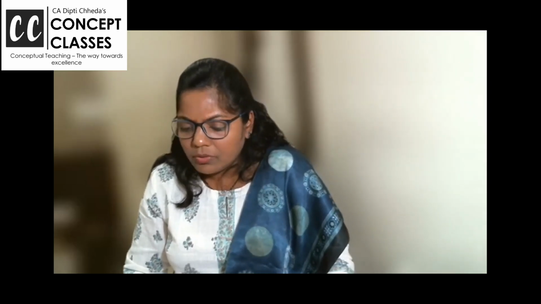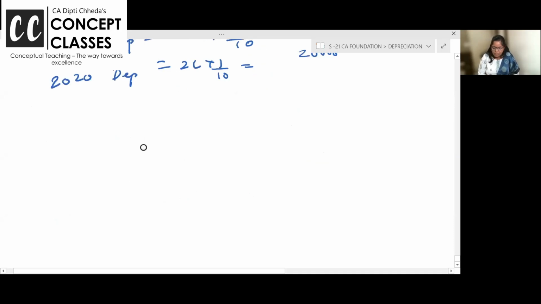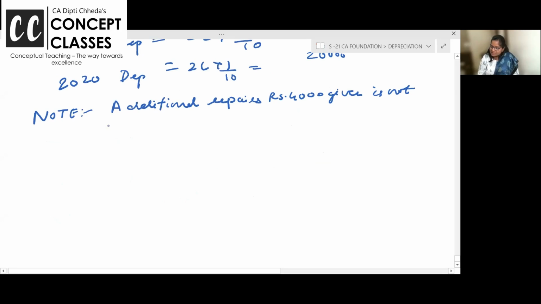So 15th problem which we have completed, go to your notebook and write a note. Note likhna hai na, exam mein hum bhool gaye. Some repairing work is there which you will not capitalize now. Additional repairs, rupees 4,000 given, is not capitalized.